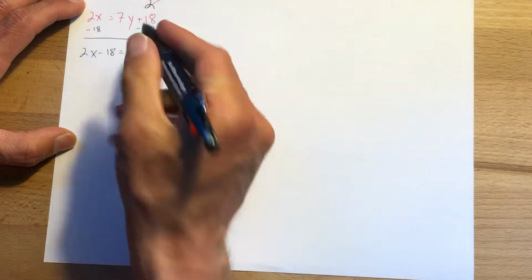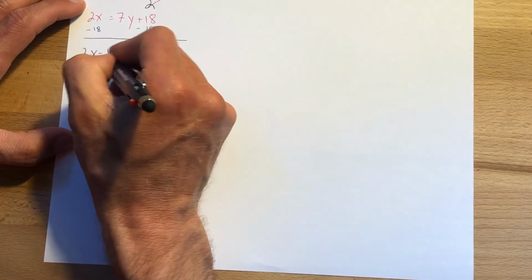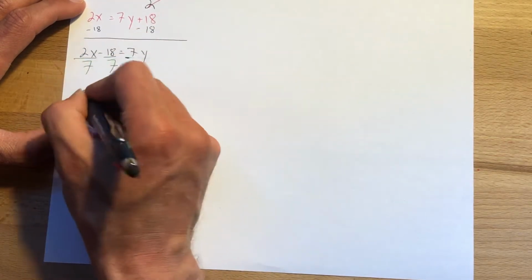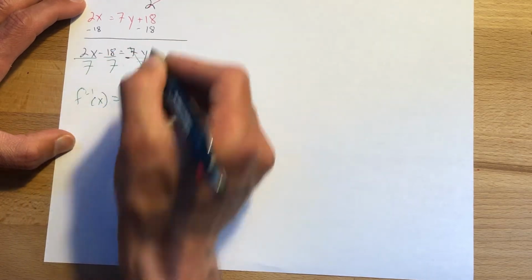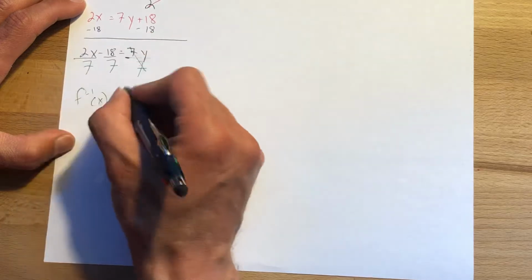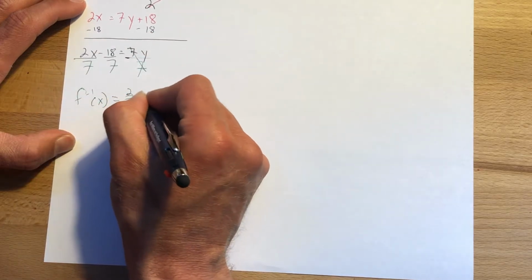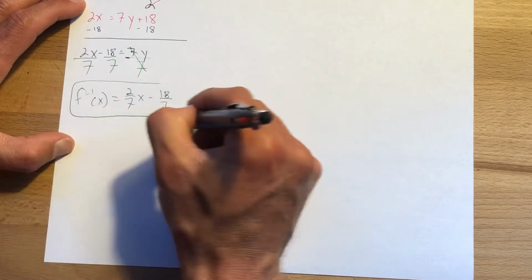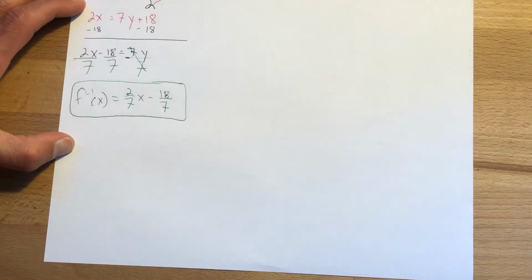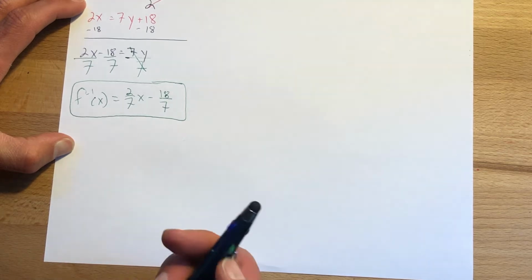Third step is divide all 3 sides by 7. So you have inverse of f of x equals, see how the y is all gone, 2/7 x minus 18 over 7. This is the answer for number 1.